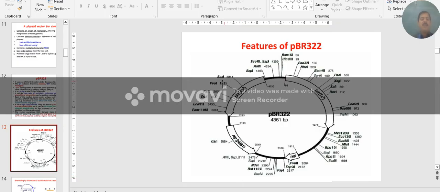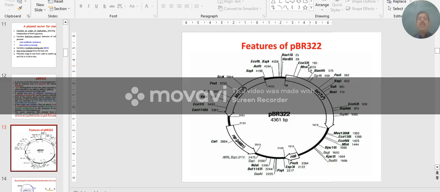The ampicillin resistance gene contains a number of restriction sites: Providencia stuartii, Proteus vulgaris, then EcoRI, etc. On the other side, you can see the tetracycline resistance gene with EcoRV, Bacillus amyloliquefaciens H1, and so on. The various restriction sites lie in the tetracycline gene region.